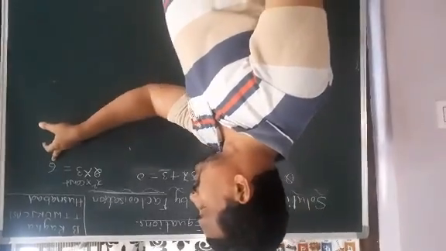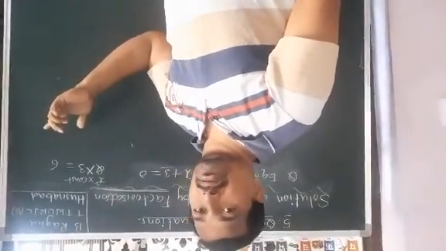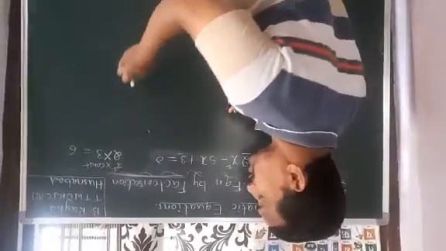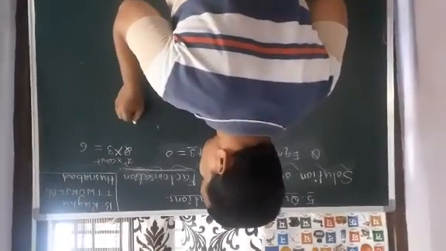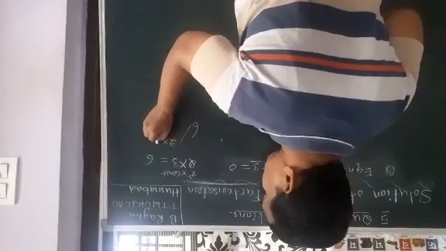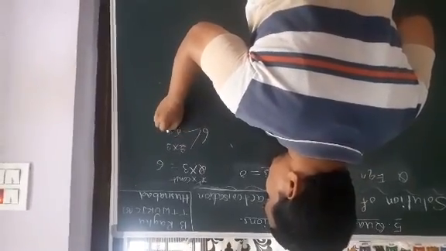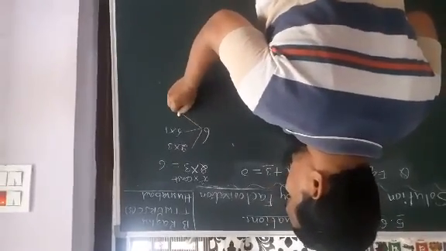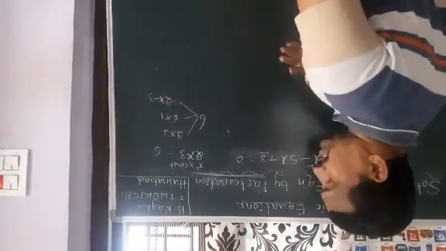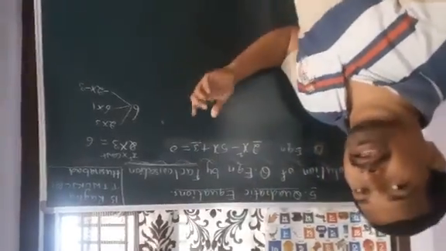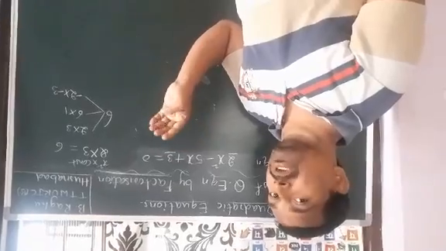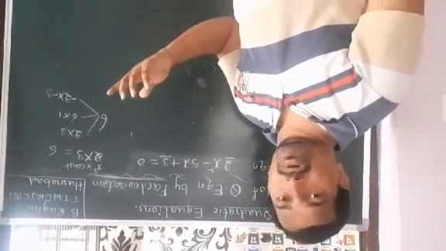So select two factors of 6 whose sum should be minus 5. Select two factors of 6. So 2 3s are 6, 6 1s are 6, and minus 2 into minus 3, 6. Is there any other factors for 6? In one table, 1 6s are 6. Two table, 2 3s are 6. In the 4, no. 5, no. 6.